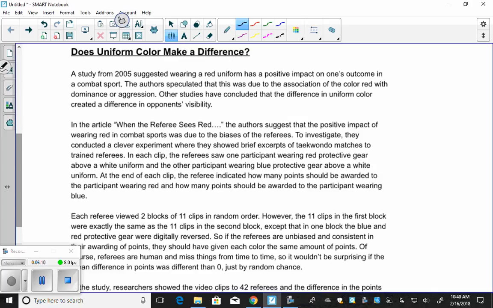The researchers wanted to know, are referees more likely to give points to people who wear red in a combat sport? Because red is seen as dominant, aggressive, anger. So would referees be biased to give more points to the red team if they wore red? That's what this research suggested.